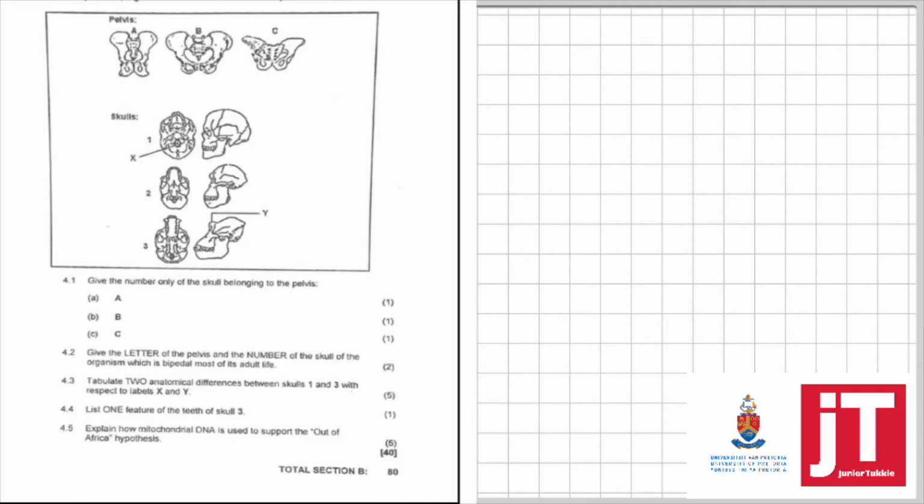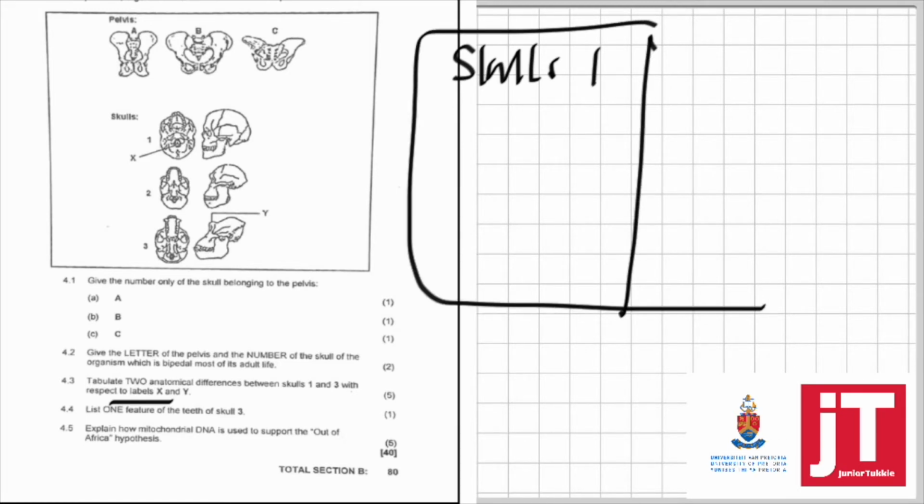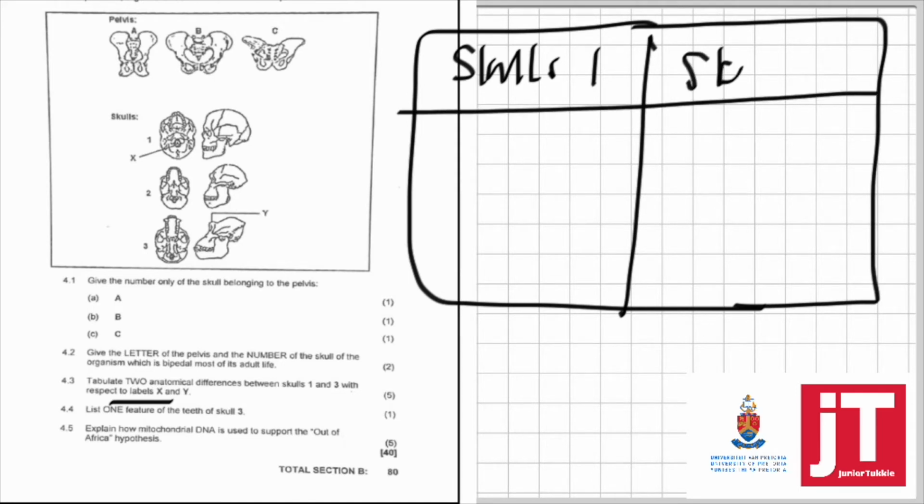Right, question 4.3 states: tabulate 2 anatomical differences between skull 1 and skull 3. So let me draw my table. Tabulate means to draw a table. So we must have our headings, and they ask for 2.